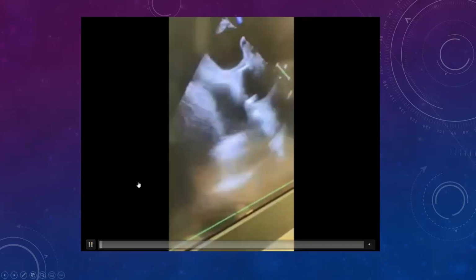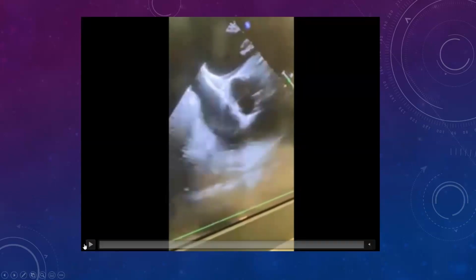Anyone want to tell me what they see in this that looks ugly? Anyone? So this is actually thrombus moving around in the RV.